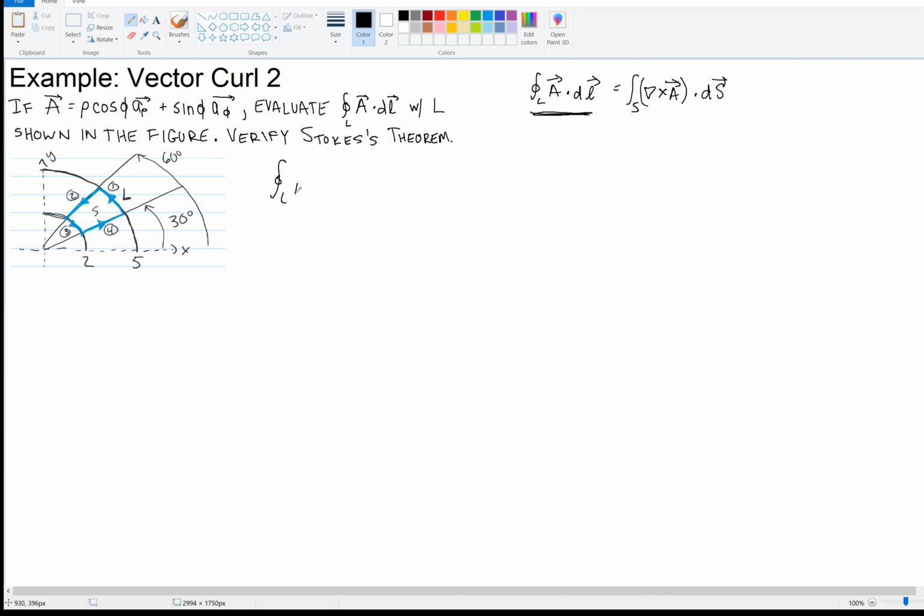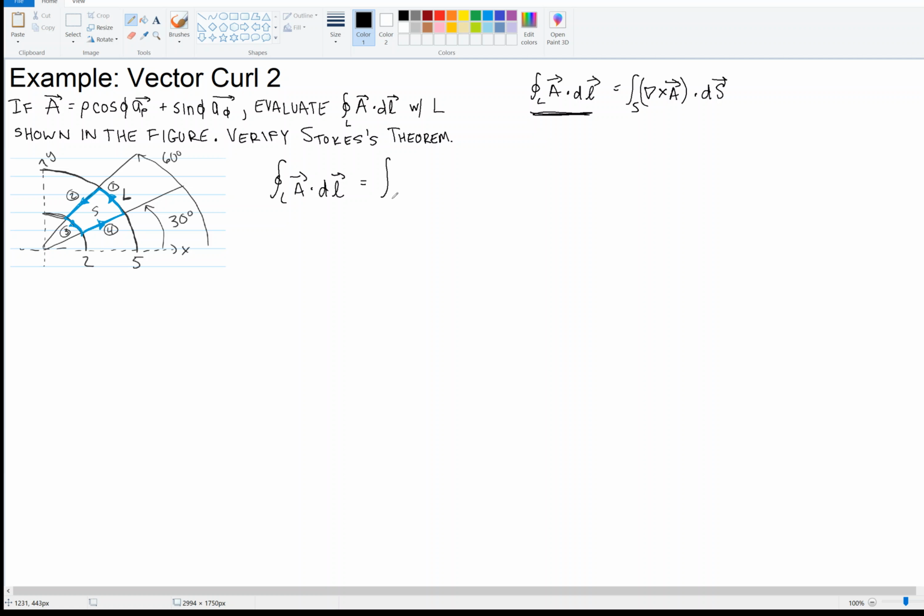The closed line integral of A dot dl is equal to, and you'll notice that I've labeled the different segments here of our path, 1, 2, 3, 4. Now, if the original figure was not labeled with segments, you have to break that up into individual segments.